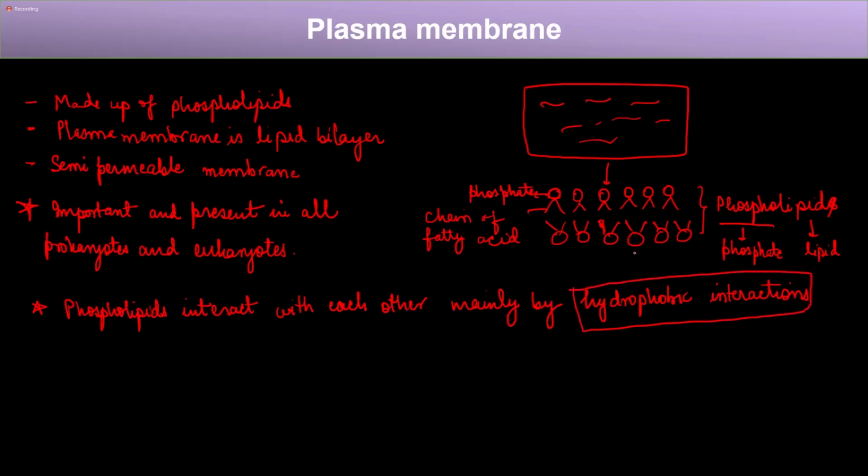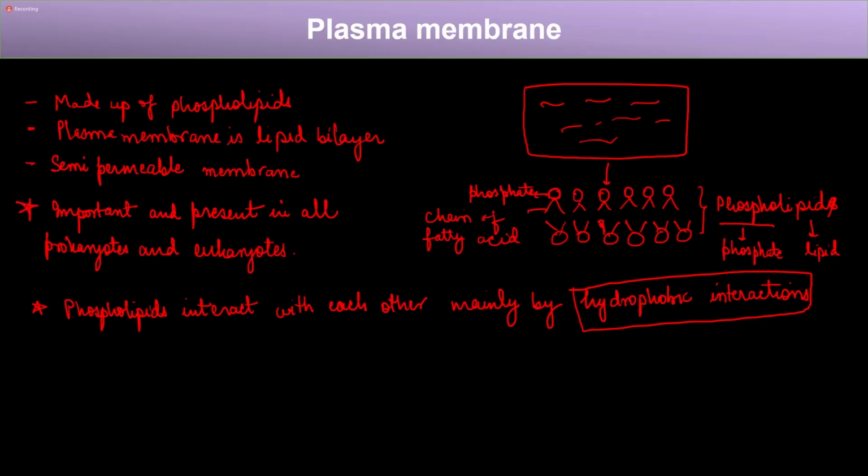They repel water, they do not attract water. So what we understood about the plasma membrane is that it is made of phospholipids and is a selectively semi-permeable membrane that allows exchange of molecules inside or outside the cell, and these lipids interact with each other via hydrophobic interactions.